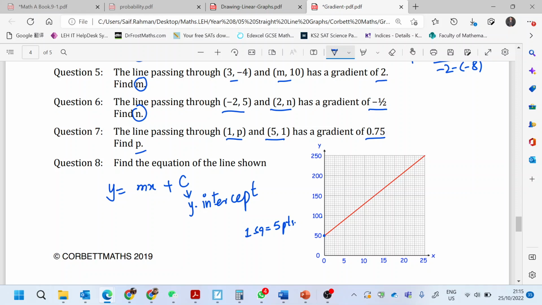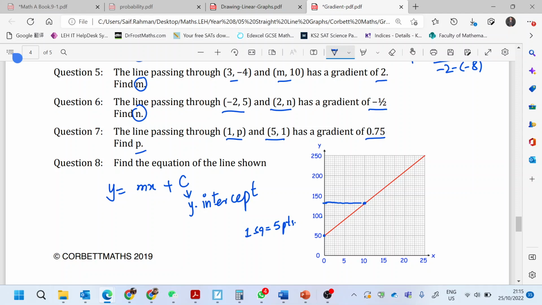Okay, so on this line, let's select this point where it is crossing at 10. On this point, on the horizontal axis, it is 10, and on the vertical axis, it is 1 square above, so that means 6 squares.